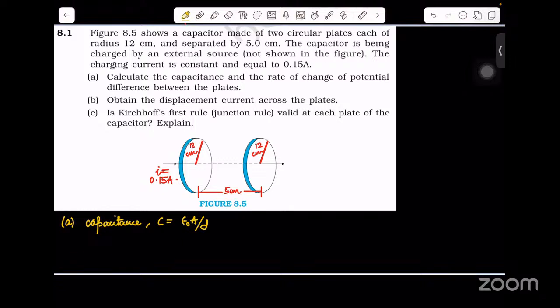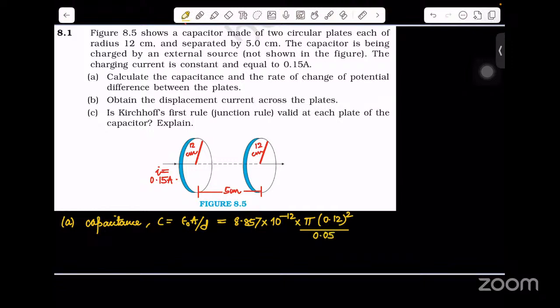Okay, so plugging in the values, epsilon naught has the value 8.857 into 10 raised to the power minus 12, into the area of each of the plates. This is a circular plate with a radius of 12 centimeters or 0.12 meters in SI units. So the area will be pi r squared, right? Pi into 0.12 squared in SI units, upon the distance between the plates, which is 5 centimeters or 0.05 meters.